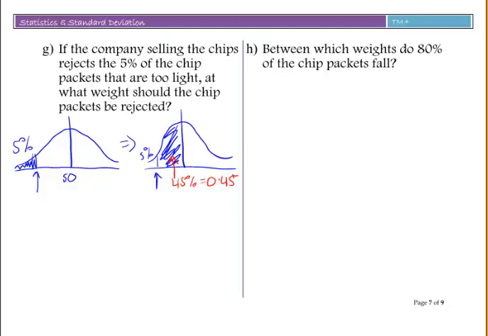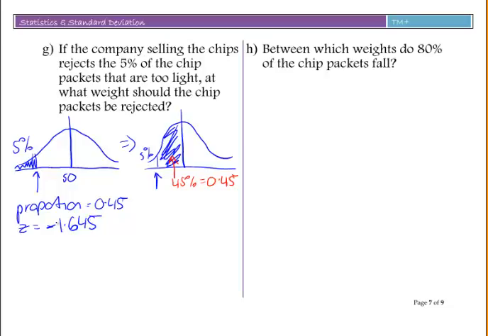So now I go to my table, my proportion is 0.45. I look up my table and that gives me a z-score of 1.645, or it's between 1.64 and 1.65, so 1.645. I'm below the mean, so I have to put in the negative, so negative 1.645.